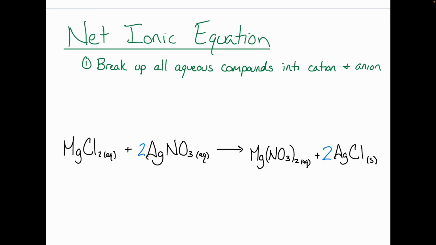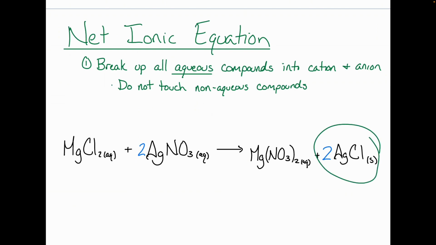And there is a very key word here that we don't want to gloss over, and that is aqueous compounds. All right? So importantly, do not touch any non-aqueous compounds. All right, I'm not going to break up this silver chloride over here because it is not an aqueous compound.